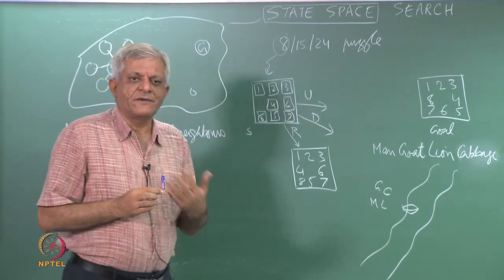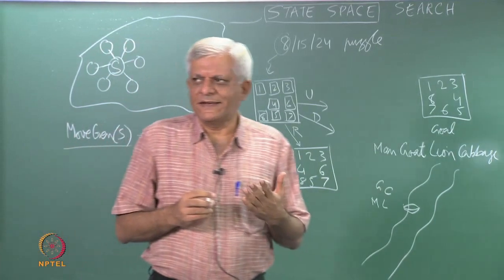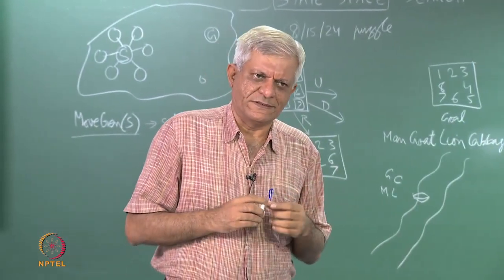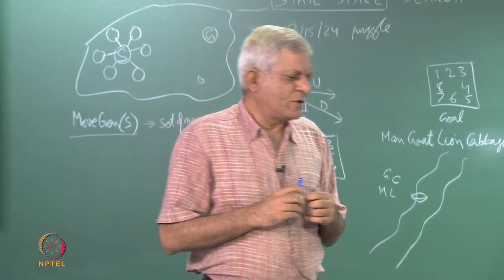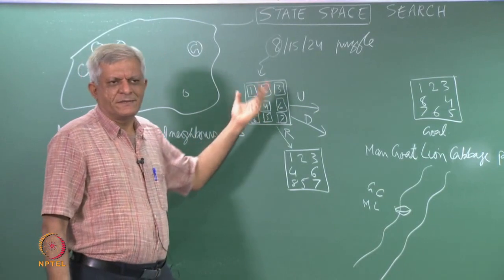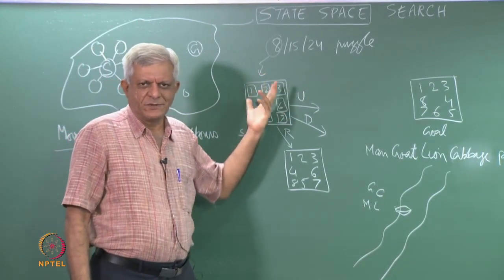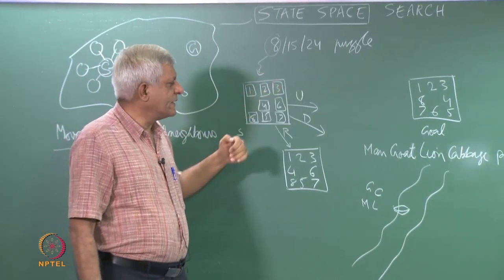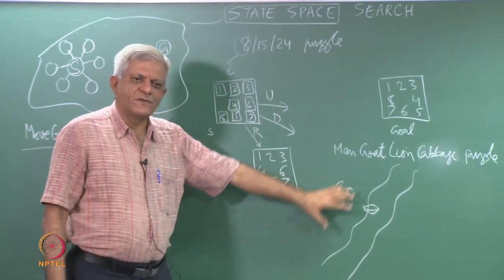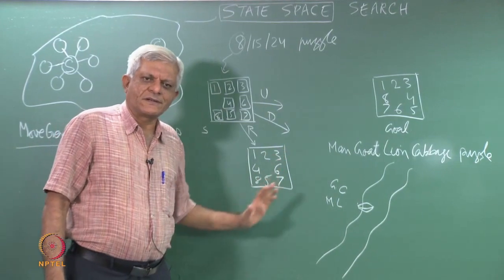And obviously, when I say given a state, I mean there is some representation of the state that you have to be concerned with essentially. So, how can we represent it? This of course can possibly be represented as a 3 by 3 array or something like that, and it might be useful to think about it like that, but I will leave it for you to decide. Let us talk about this problem. How do we represent this man, goat, lion, cabbage problem?